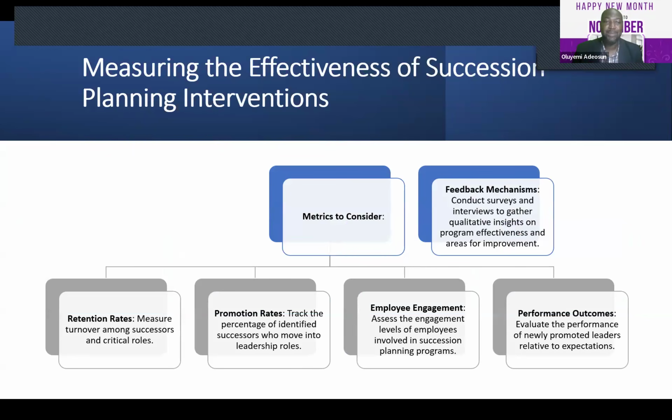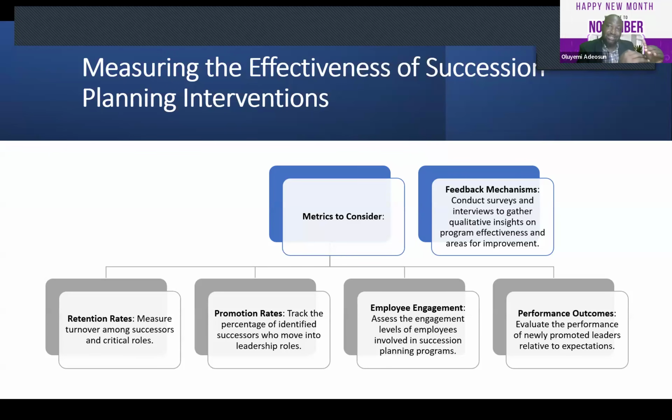Your retention rate is a feedback. Measure turnover among succession and critical role. Because we're talking about succession planning, when we are talking about staff exit, there's the general or global attrition. You should now also have critical role attrition.